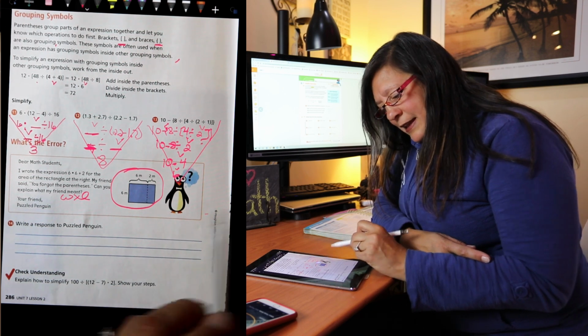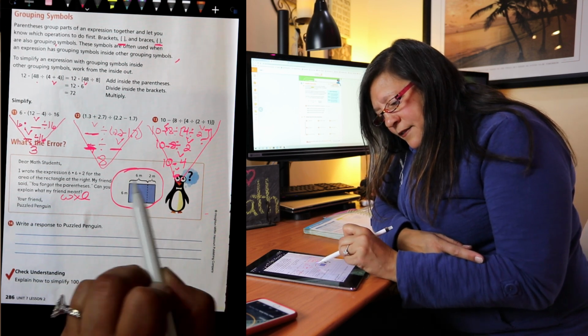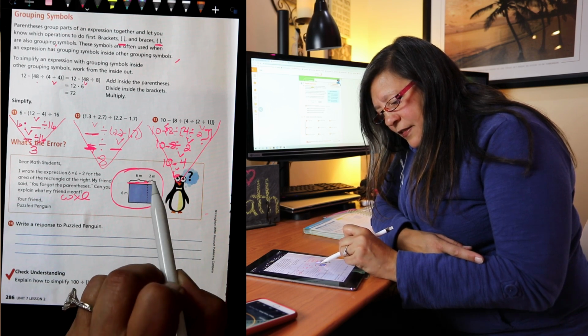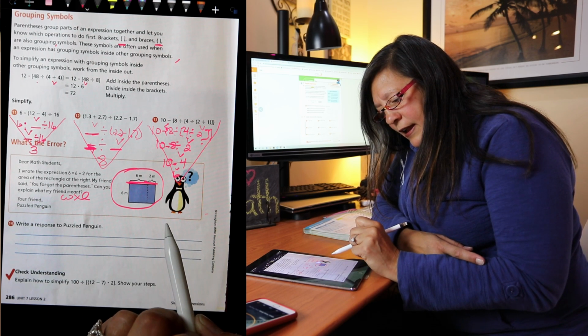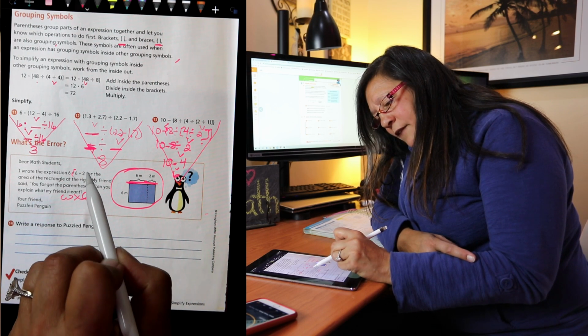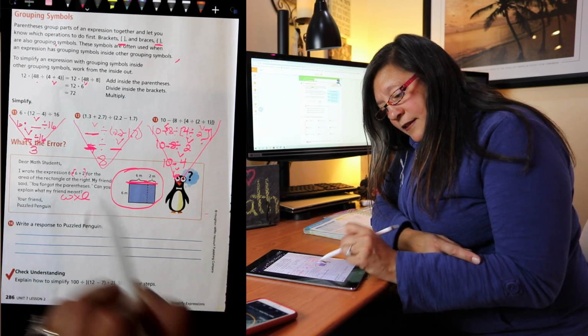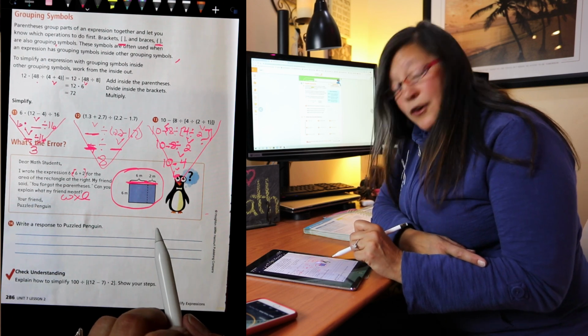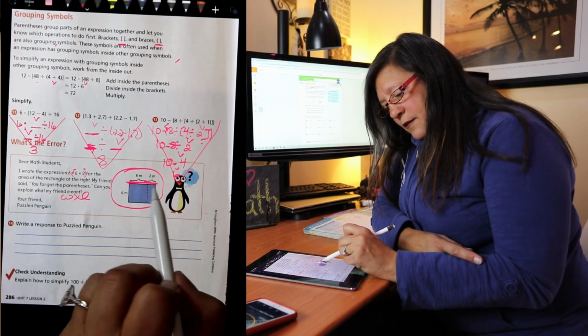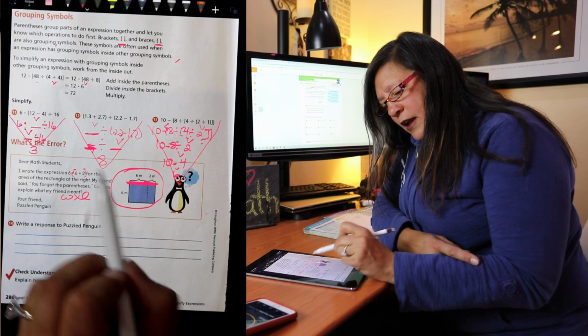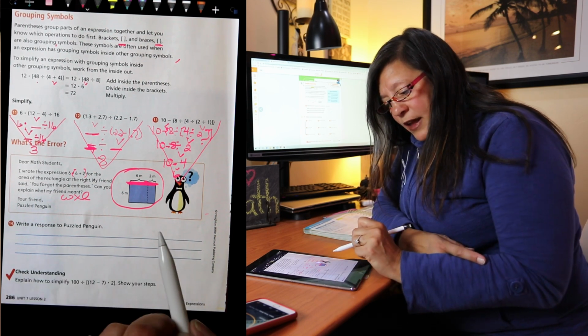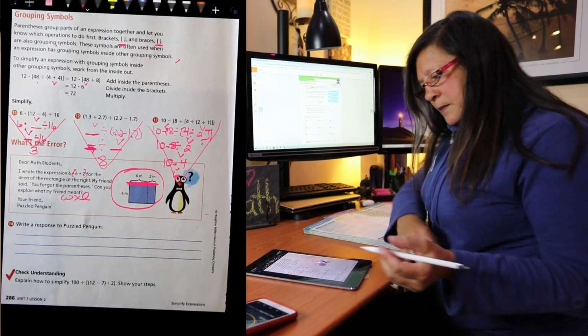That would be 38. But if you added this together to get that full length, so you would have to have 6 plus 2. And then you get 8 times 6, which would be 48. Very different answers. So he needed to add these two together first. Otherwise, you would have multiplied first and gotten a different answer.